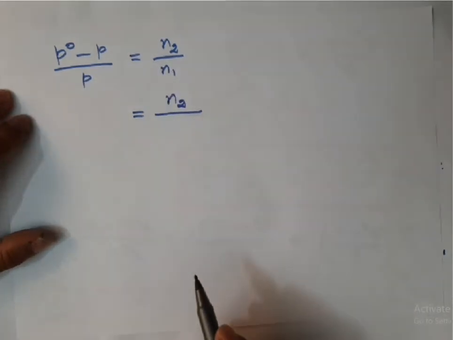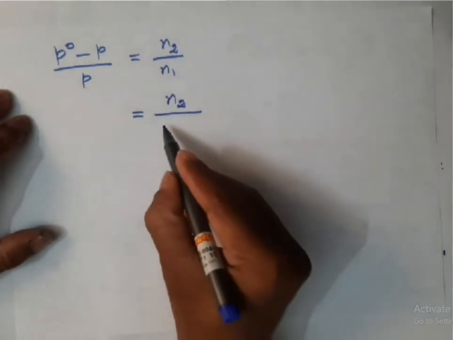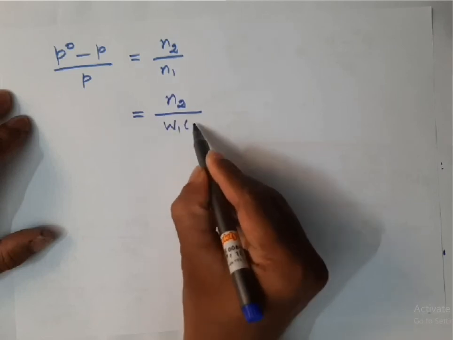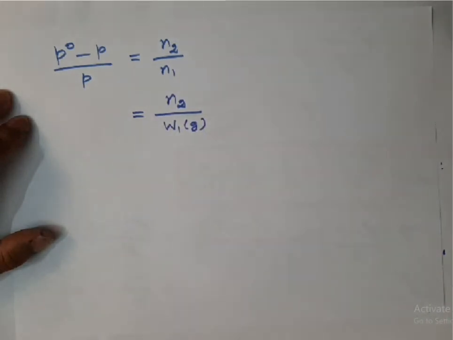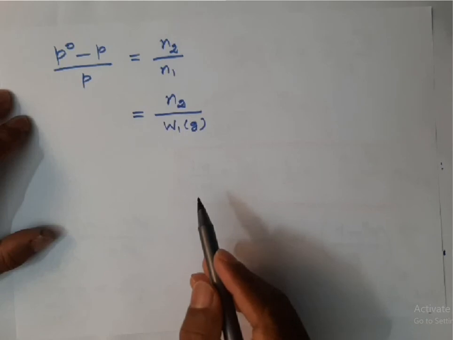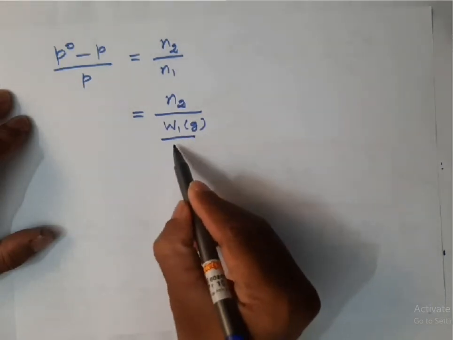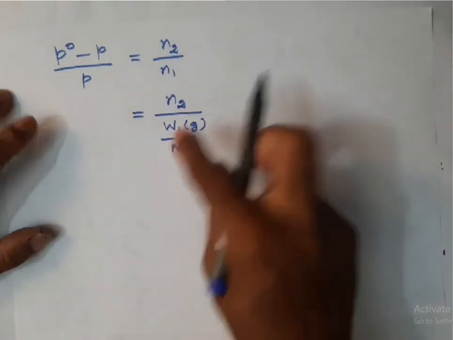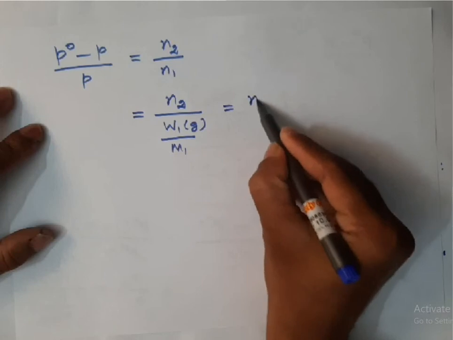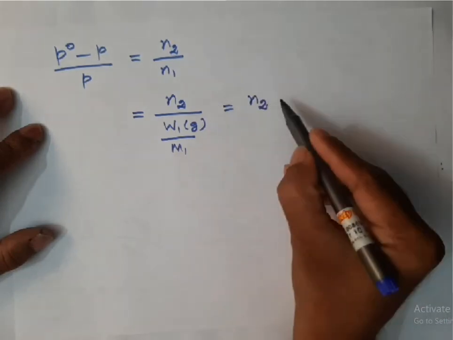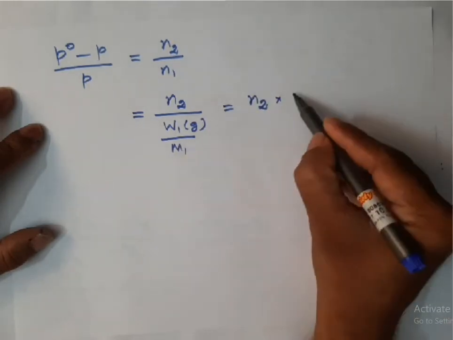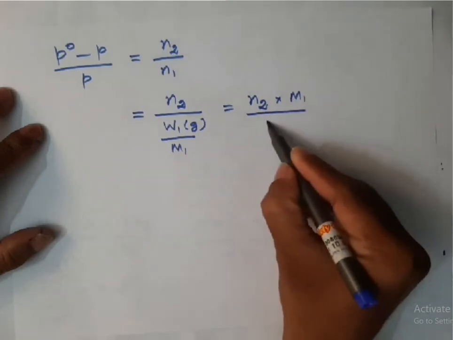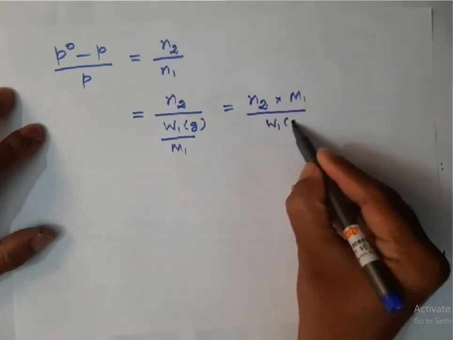N1, we can write N1 as mass of solvent in grams divided by molar mass of solvent. N1 you can write it as W1 by M1. If I bring it to multiplication, I'll keep N2 as such, into, I'll bring M1 to the numerator, M1 divided by W1, W1 in gram.